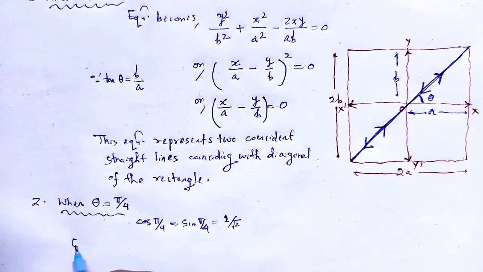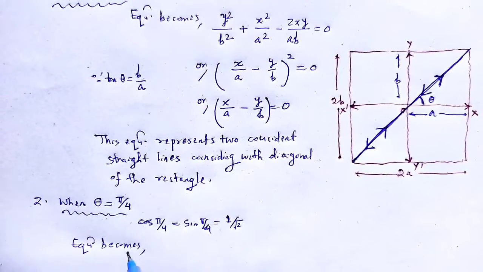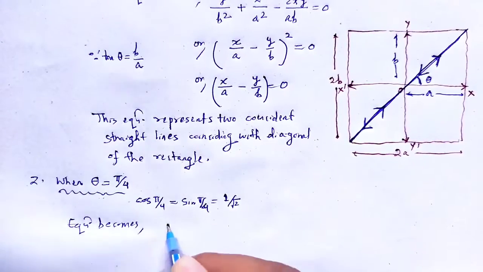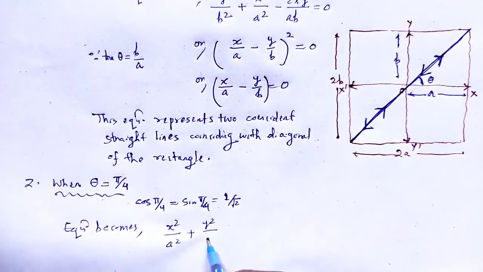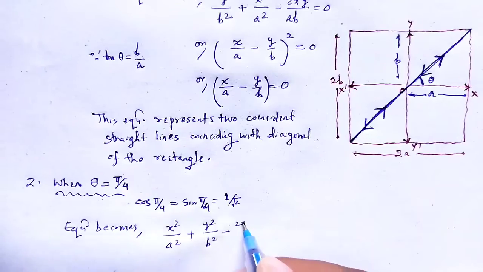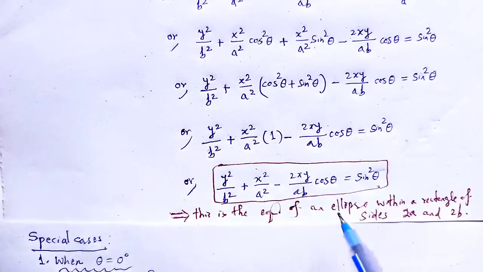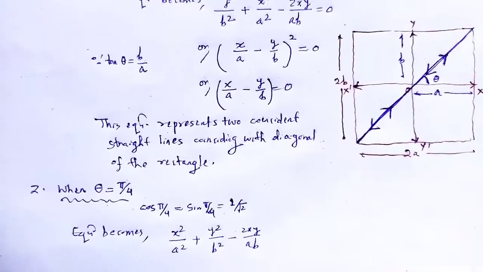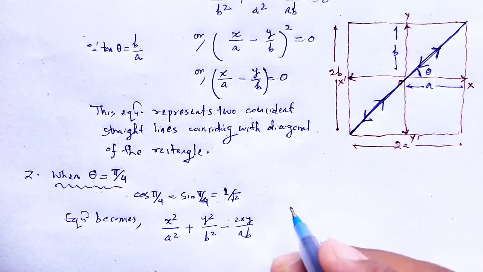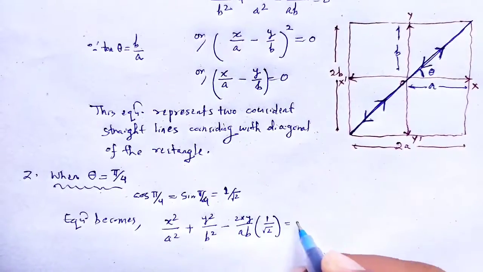Therefore, the equation becomes x square by a square plus y square by b square minus 2xy by ab times cos pi by 4, 1 by root 2, is equal to half.